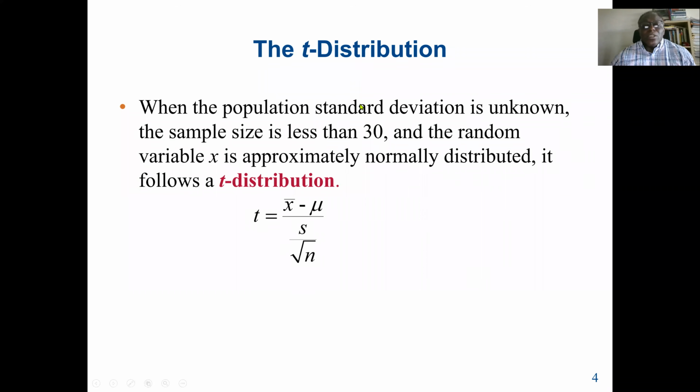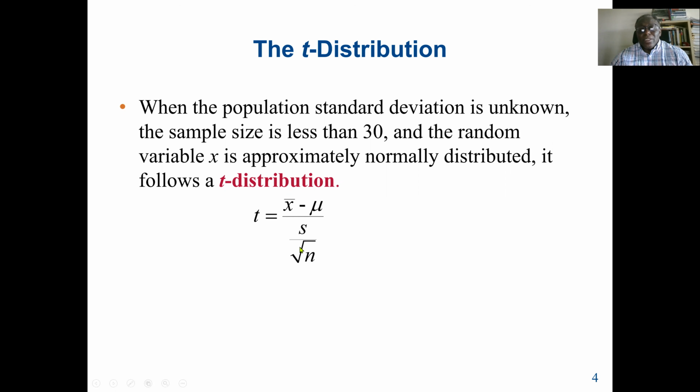So let's start with the t-distribution. Here we say that when the population standard deviation is unknown, and also the sample size is less than 30, and most important, the random variable x is approximately normally distributed, then we follow the t-distribution.